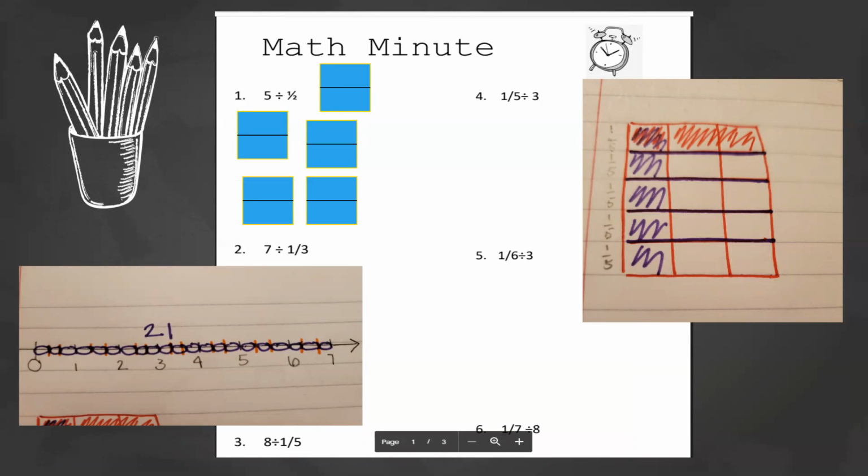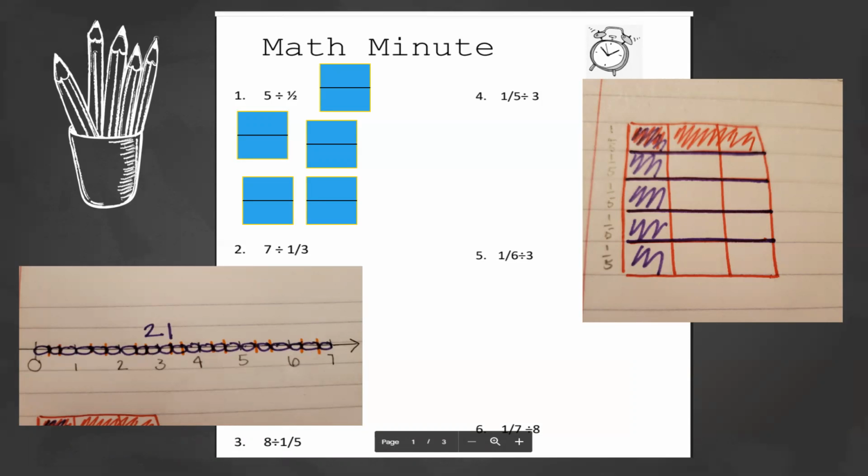I may call on Mark to give his example for number 2. And Mark may explain that he wanted to use a number line. So for his number line, he has 0 to 7 marked on there. And between each interval, he divided it into thirds. And then he counted how many thirds there are from 0 to 7.